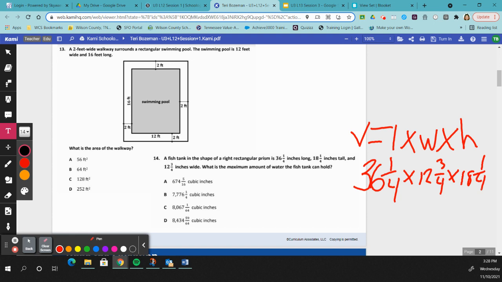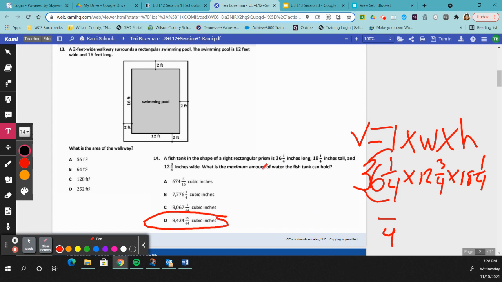So the first step would be to change all of these into improper fractions. So you would do 4 times 36 plus 1, and that would be your improper fraction for here, and then continue across. Then you would multiply across the top, multiply across the bottom, and when you finish out the problem, you should get D.